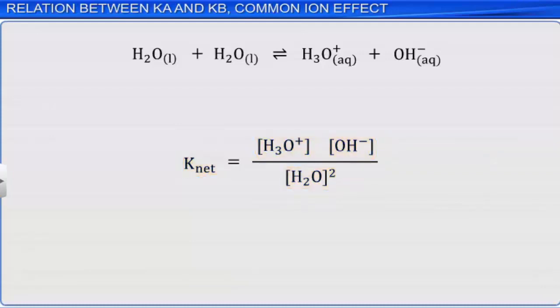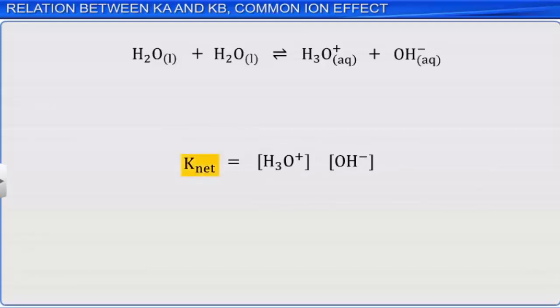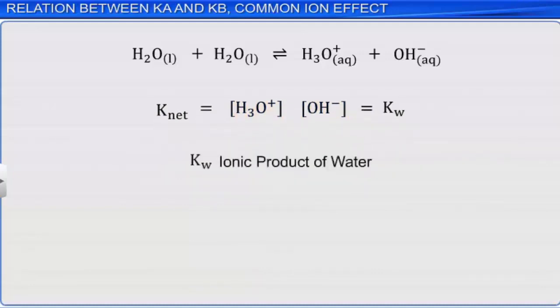Hence, K net is equal to product of the concentrations of H3O plus and OH minus ions. Recall that the product of H3O plus and OH minus ions is equal to Kw, the ionic product of water. Thus, K net is equal to the product of concentrations of H3O plus and OH minus, which is equal to Kw, the ionic product of water.